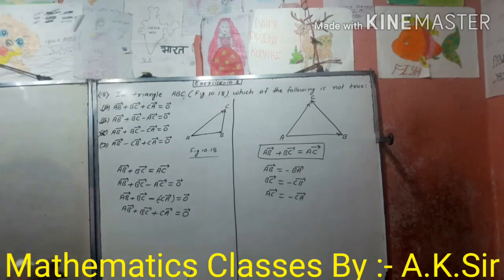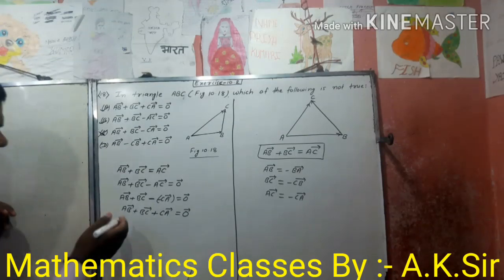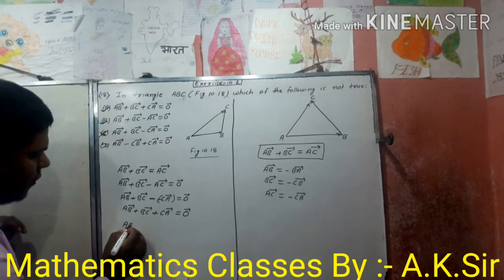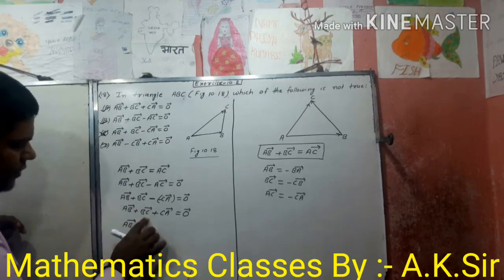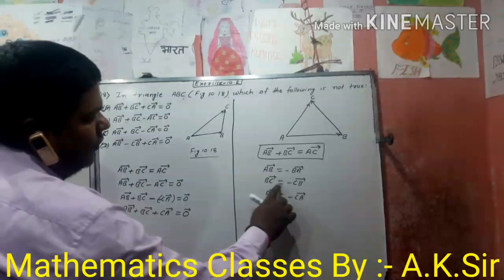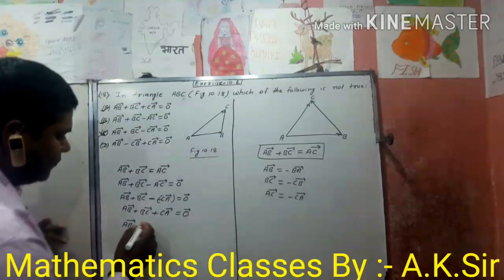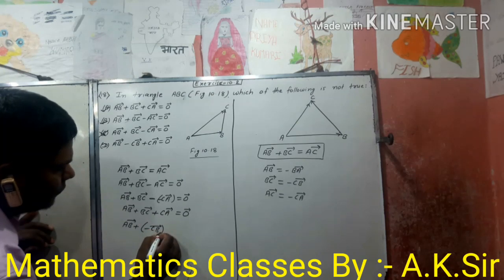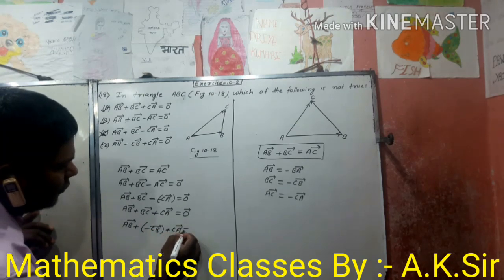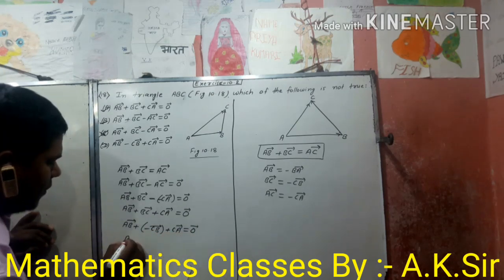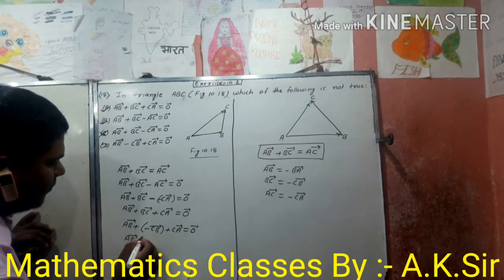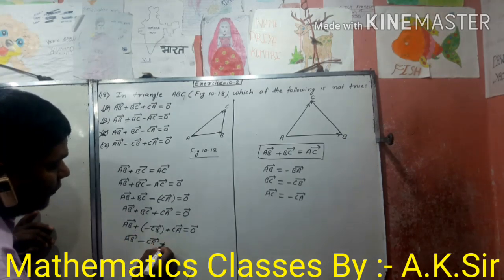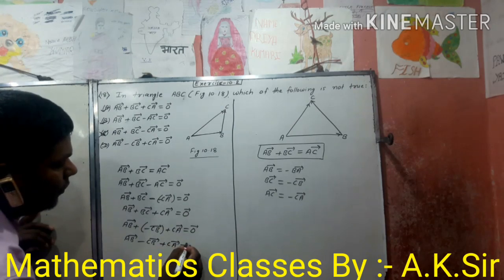We also see the next option D. AB vector plus BC vector, where BC vector is equal to minus of CB vector, so AB vector minus CB vector plus CA vector is equal to 0 vector.